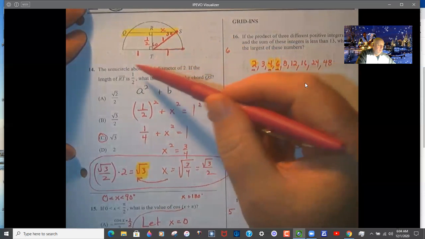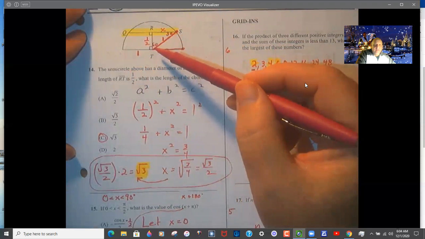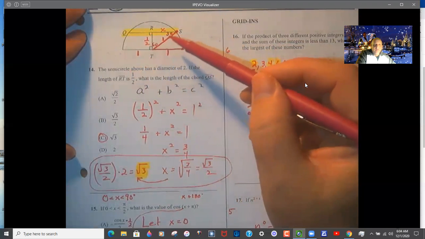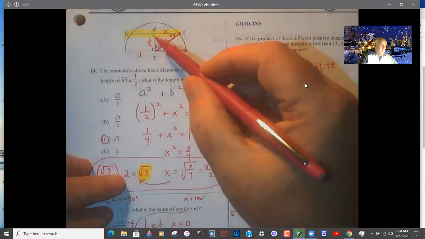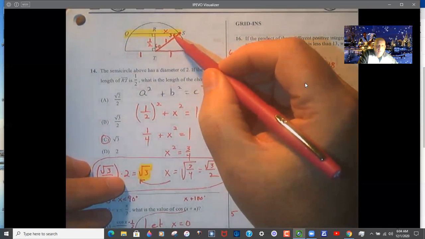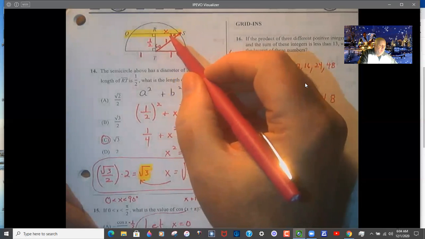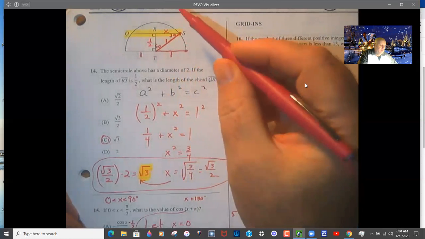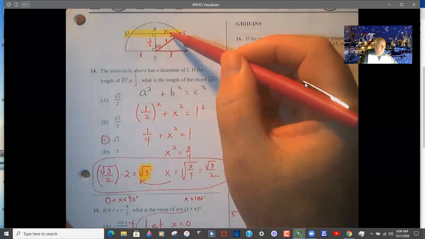And if the length of RT is 1/2, so this is 1/2 and this is 1, so half the length of the hypotenuse is the shorter leg, that would tell you that this is the 30-degree angle. So rules of 30, 60, 90-degree right triangles. And that would make X 1/2 times the square root of 3. So square root of 3 over 2 would be X.